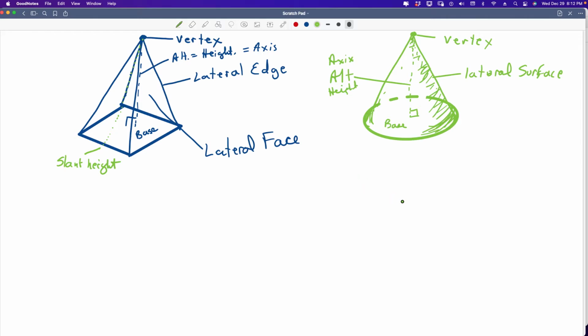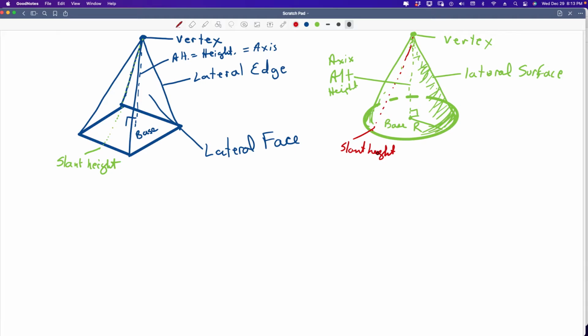But that is all that we have. Now, the circle base at the bottom still has everything that a circle has. So it has a radius, and it's going to have a diameter as well, which is 2 times the radius. Now, the other thing, I'm going to use red for this, the other thing that it also has from the vertex to the edge of the base is a slant height. So they both have a slant height as well.